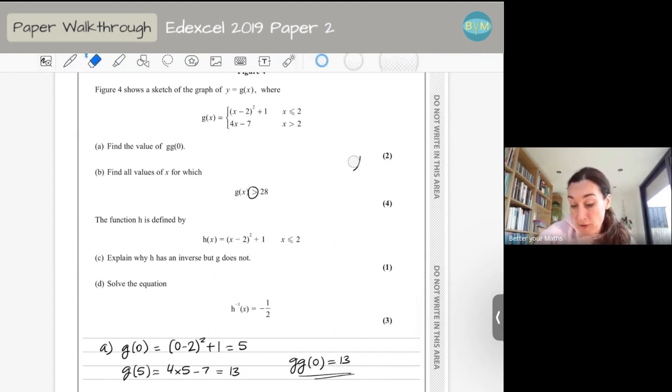For a function to have an inverse, do you remember what has to happen? It needs to be 1 to 1. So remember, there are transformations that are 1 to many, others that are many to 1, and others that are 1 to 1. For a function to have an inverse, it has to be 1 to 1.